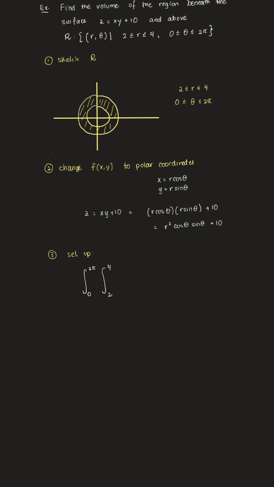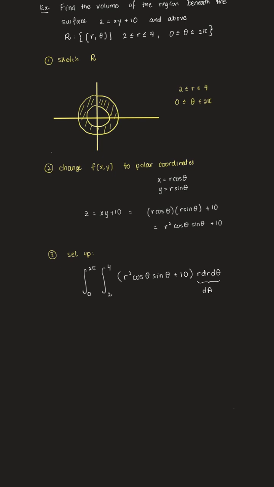Our function in polar coordinates is r squared cosine theta sine theta plus 10 times r dr d theta, which is our area element. So that's the area differential dA.